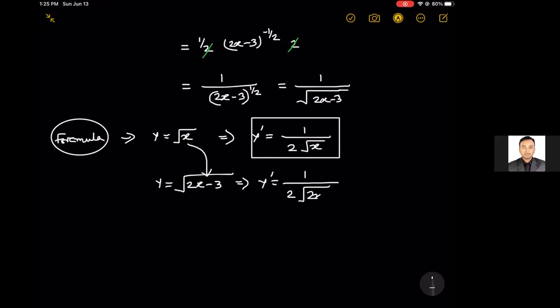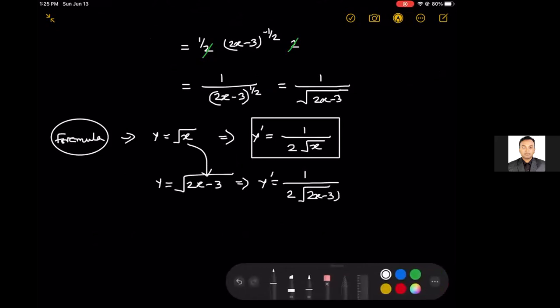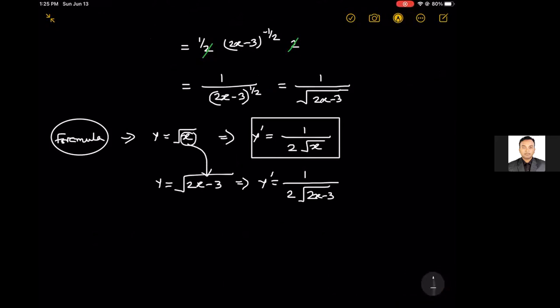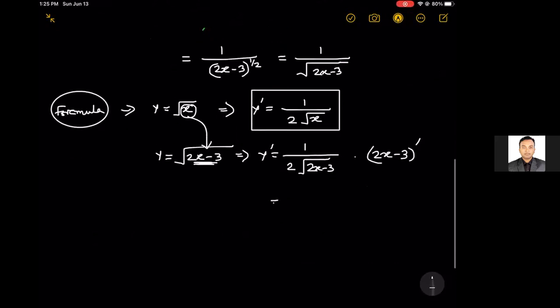So 2x minus 3. But is this the isolated x like this? Not really. So we need to multiply the derivative of that. And we know the derivative of this part is 2. Let me rewrite it for you.